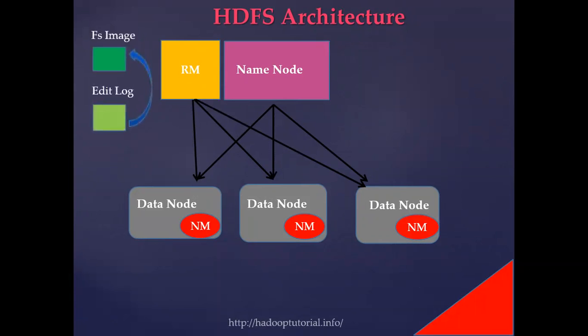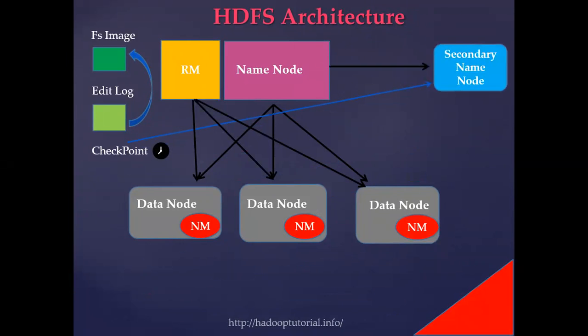There are some other terminologies, fs image and edit log, which are controlled by the name node. The fs image is a simple binary file, and the edit log is another binary file. These two files are controlled and maintained by the name node. To support these operations in the backend, we have another component called the secondary name node.